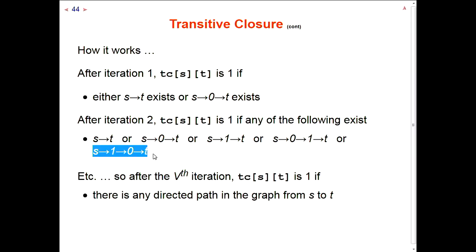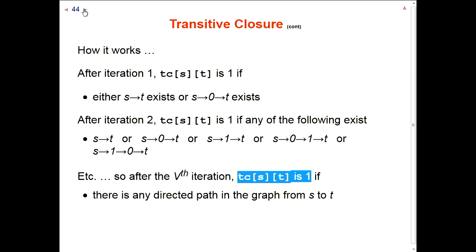So actually, you will see that after the Vth iteration, if you went through all possible paths, all vertices, first you start with 0, then you consider 1, and then you go to 2, 3, 4, and so on, to V, that after the Vth iteration, you have set the transitive closure matrix to 1 if there is any directed path from S to T via any of these other nodes.